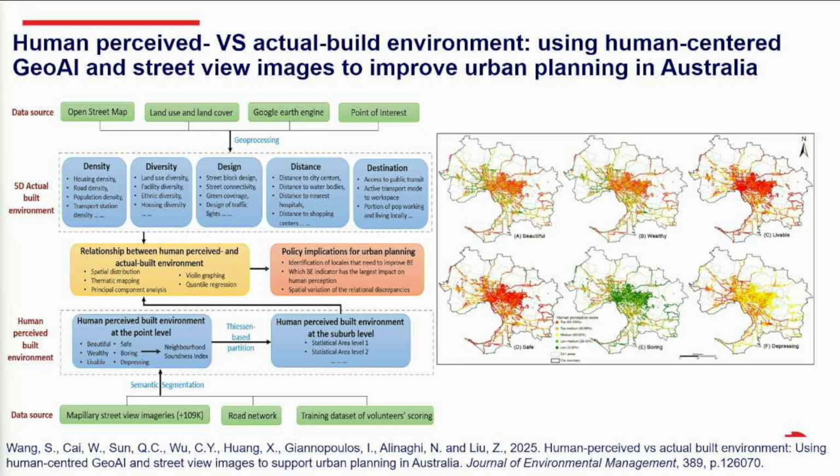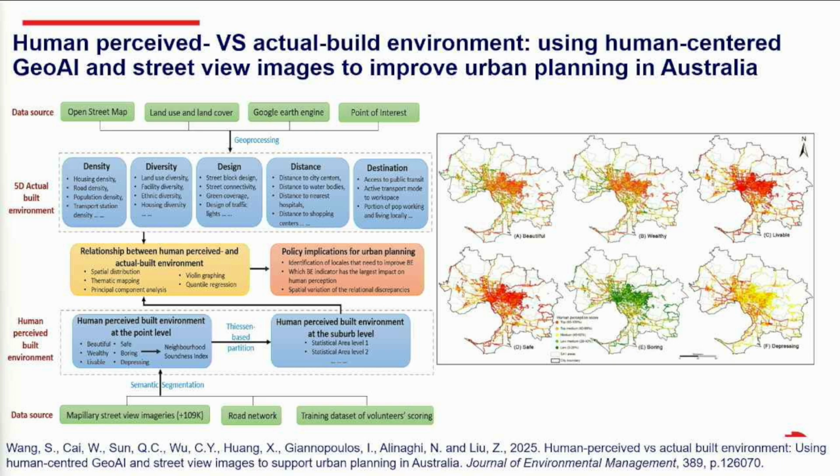And similar work we applied for Melbourne. So for Melbourne, we use the same perception model, looking at beautiful, wealthy, livable, safety, boringness, depression, applied to the streets.